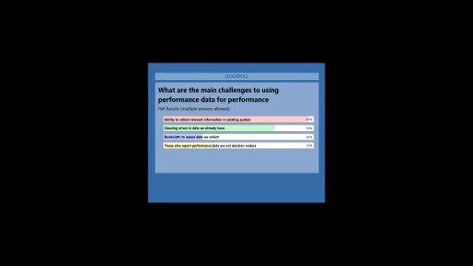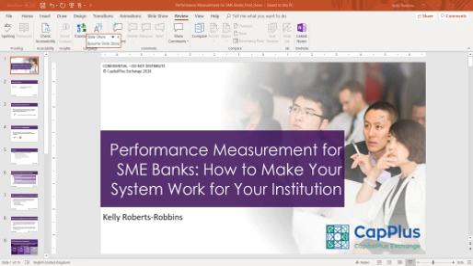And then 33% had the last choice, those who collect and report the performance data not being involved in strategic decision making, and 26% reported bandwidth to assess the data we collect. So, Kelly.